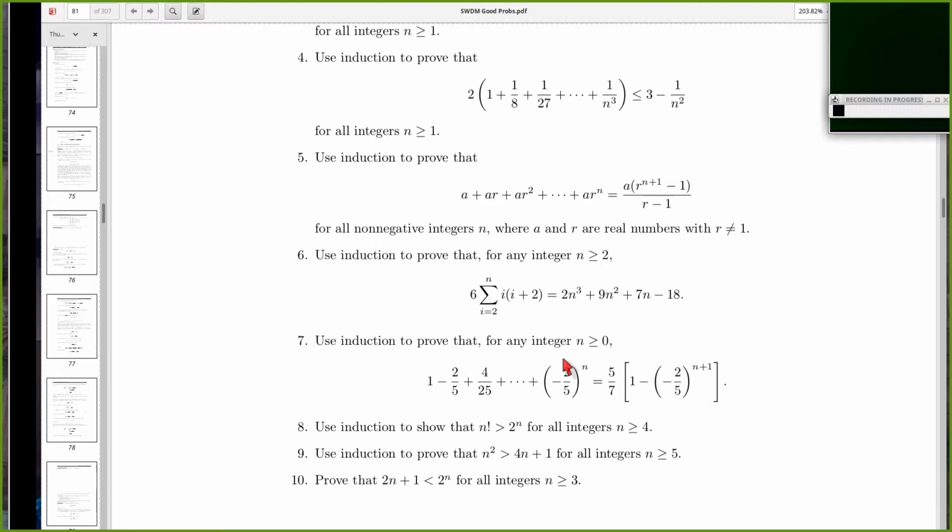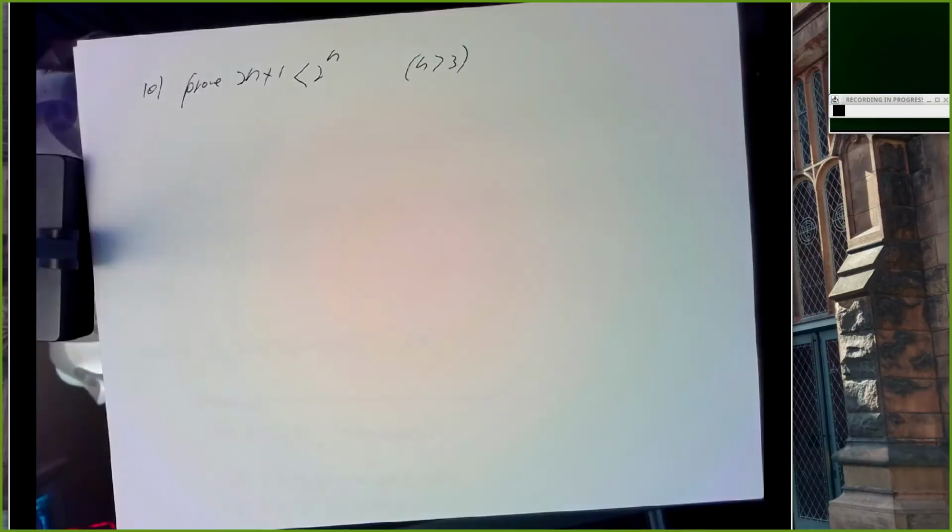So let's look at number 10. So prove 2n+1 is less than 2 to the n. We're playing without a safety net here because I haven't done this one yet.